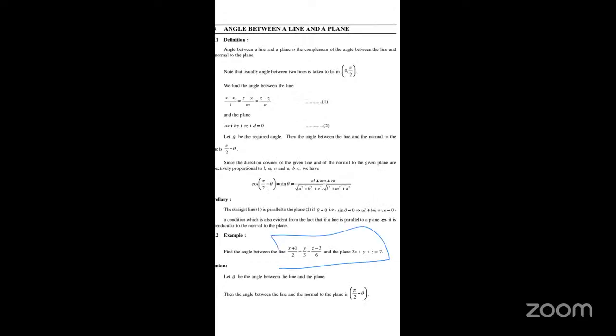So here one problem is there. Find the angle between x plus 1 by 2 equal to y by 3 equal to z minus 3 by 6 and the plane 3x plus y plus z equal to 7.